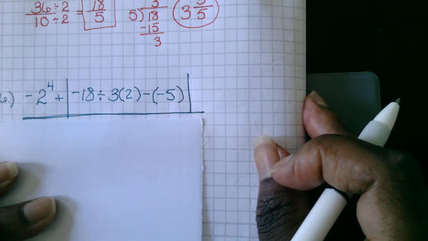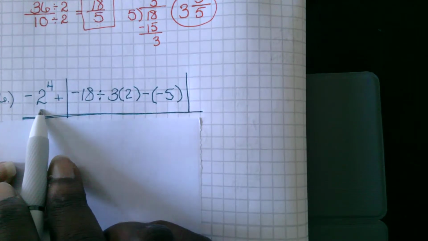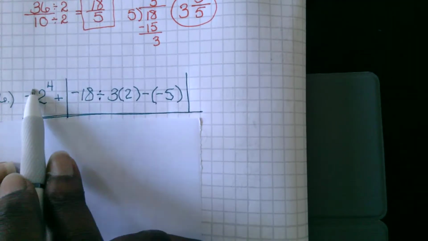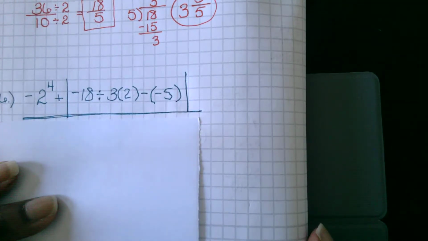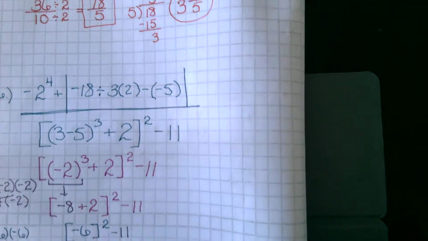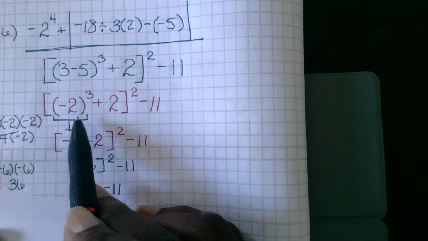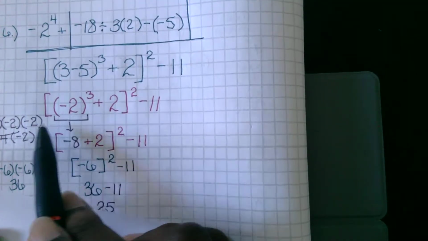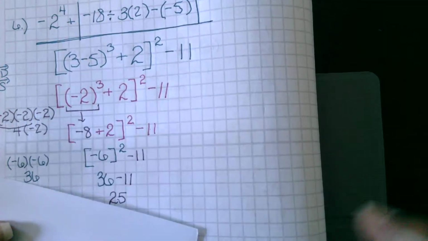So we have a -2 to the 4th. Be careful right here. This is when a lot of people will say, oh, it's -2 raised to the 4th, that means I'm multiplying -2 to itself 4 times. No, there is no parenthesis around it. If there was a parenthesis around it, just like how we did here for the -2 to the third power, that means you're multiplying that base of -2.